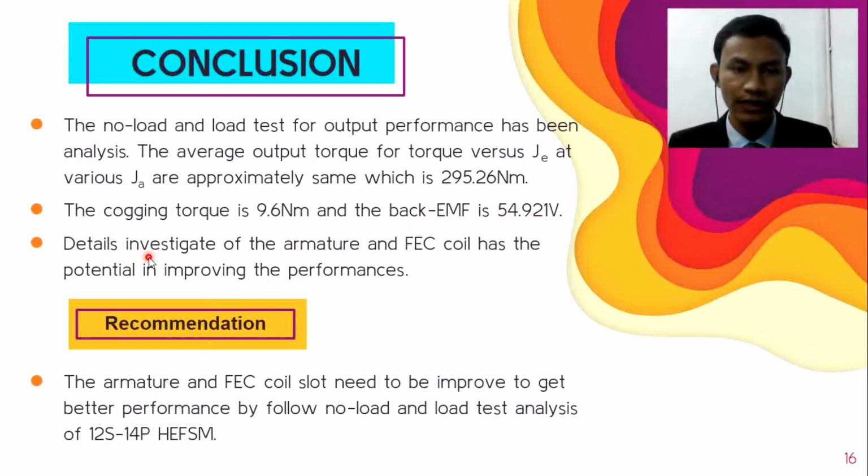So the details need to be investigated for the armature, and the FEC coil has the potential to improve the performance. So basically in this conclusion we just finish the conventional design for the FIP2.